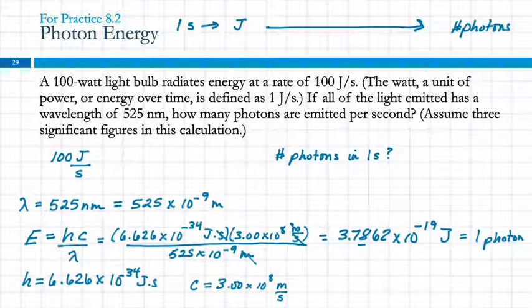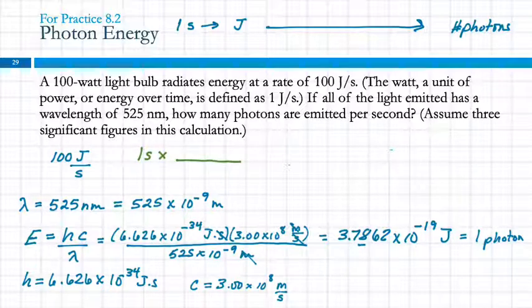Kind of made it a lot longer than it needed to be there. So 1 second times, I'm going to joules, dividing by seconds, and then going to photon, dividing by joules.